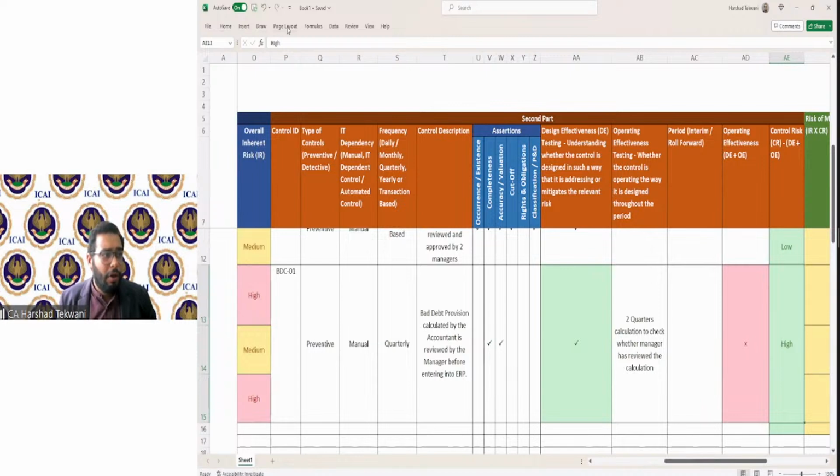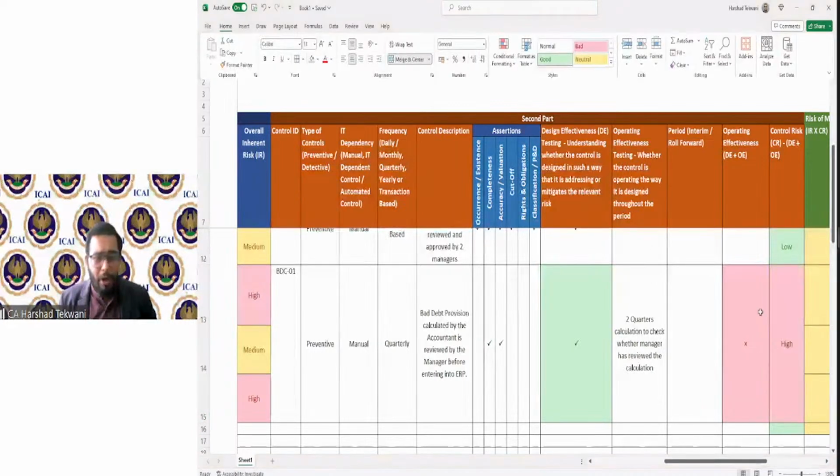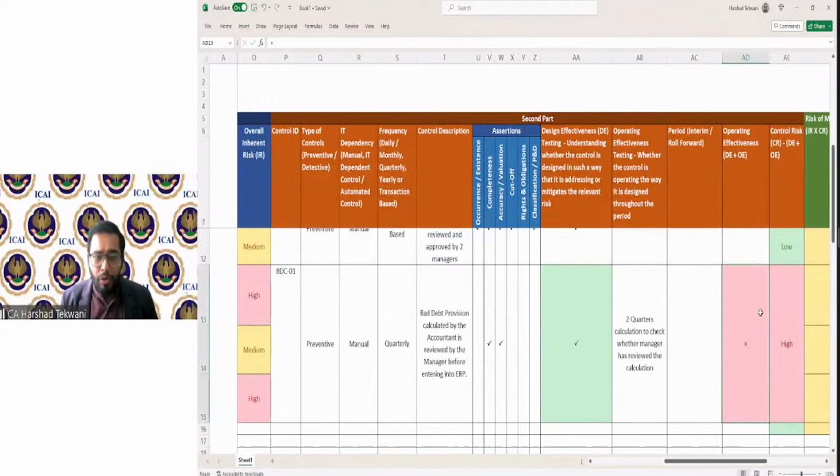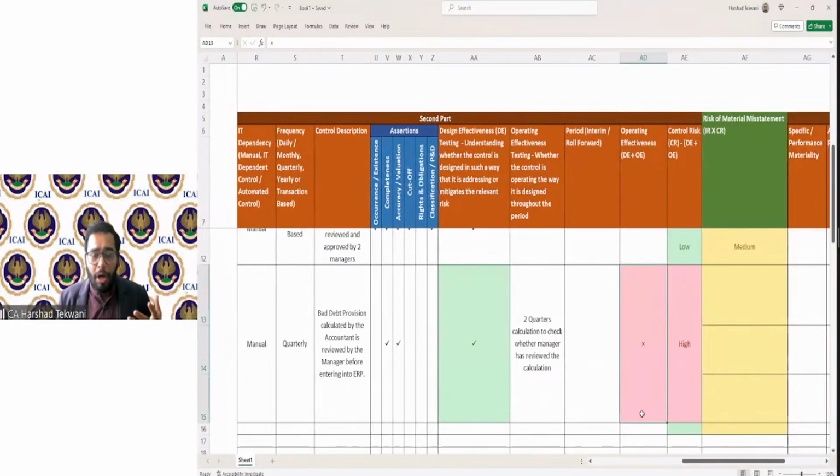Now, if I place this control risk high because the manager did not review appropriately, then there is a high risk for me. Control risk is high, meaning the control is not able to mitigate the risk. The control is not operating effectively.